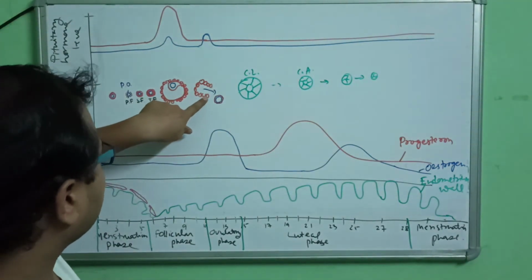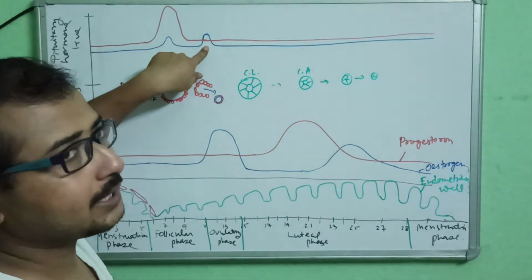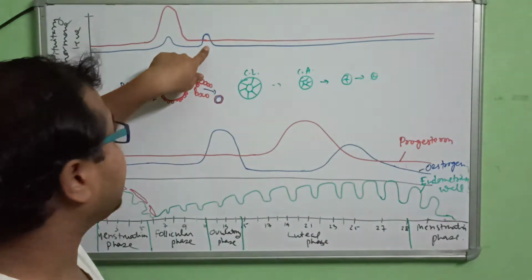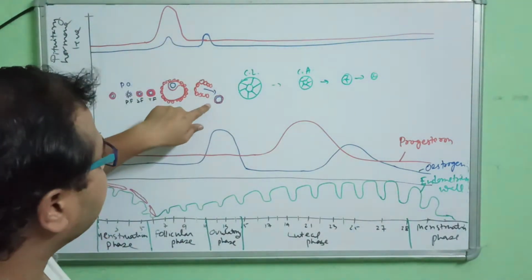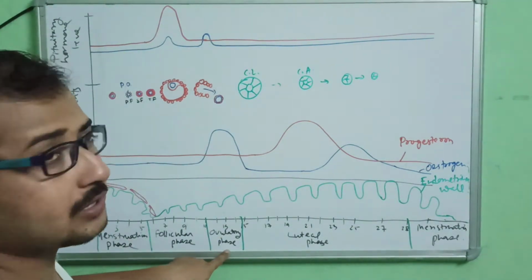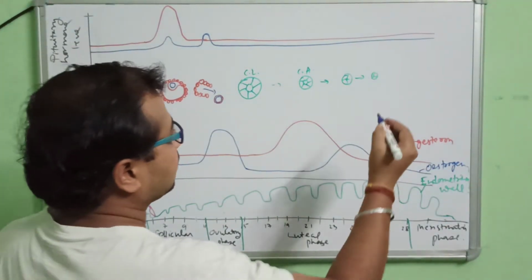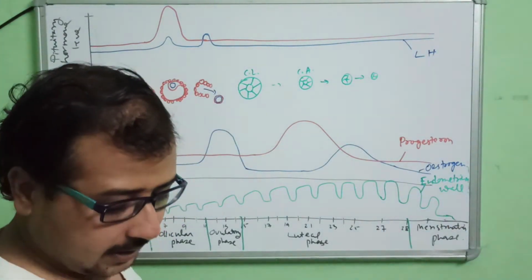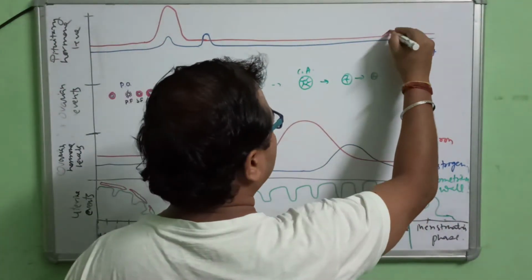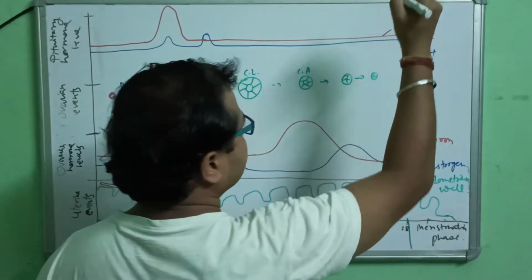This is triggered by the estrogen level. LH ruptures the Graafian follicle, and ovulation takes place during the ovulatory phase. So the blue one is the LH and the red one is the FSH.